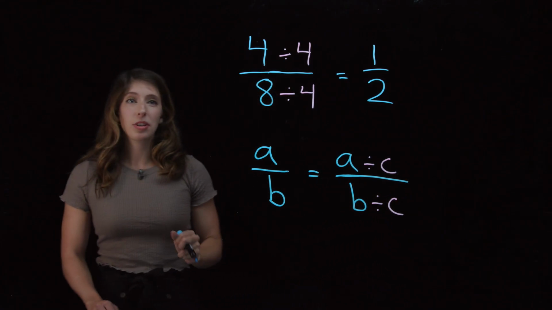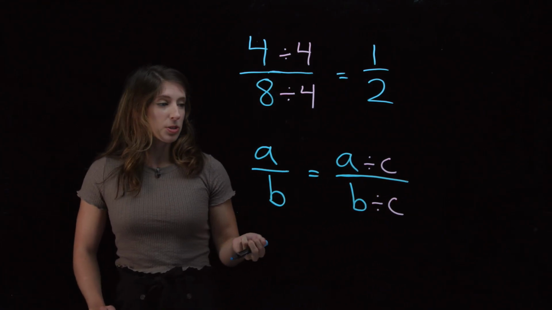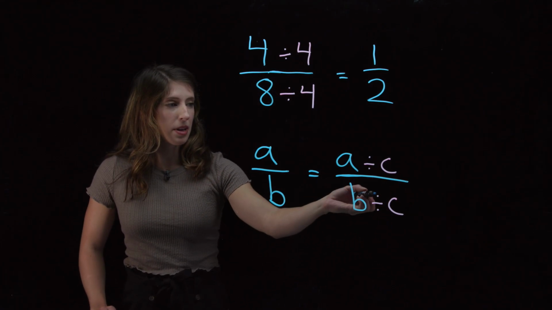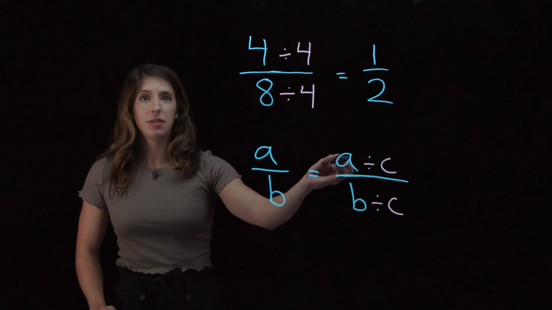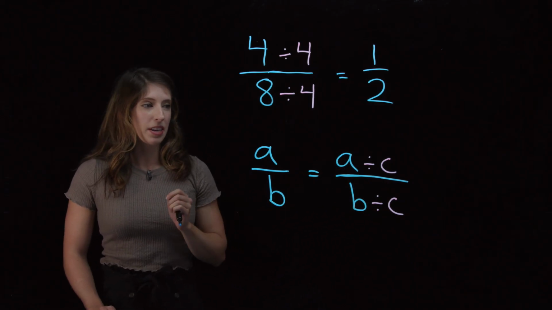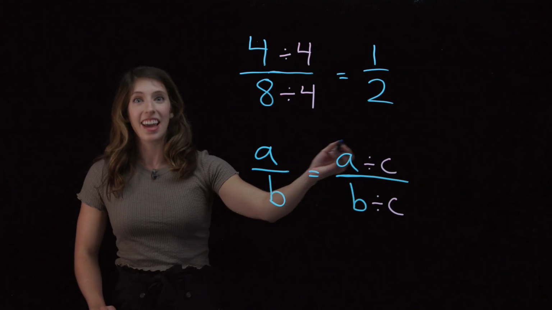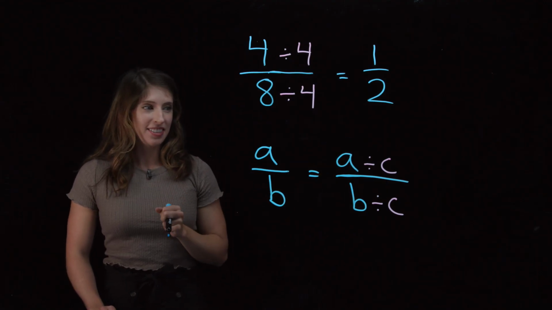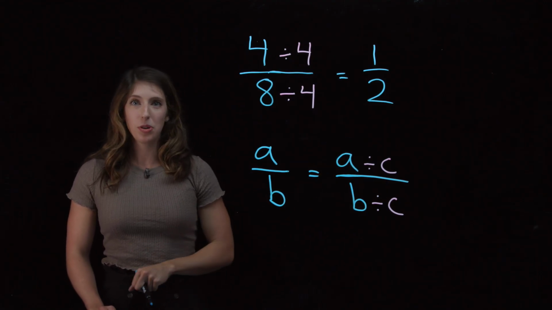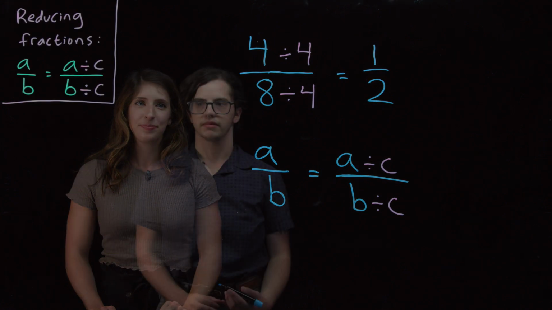And it's going to be important to know what factors are, because we're going to want this number c that we pick to be a factor of both the numerator a and denominator b. That is, it divides evenly into a and evenly into b. Okay, so we'll use this rule to reduce some fractions.